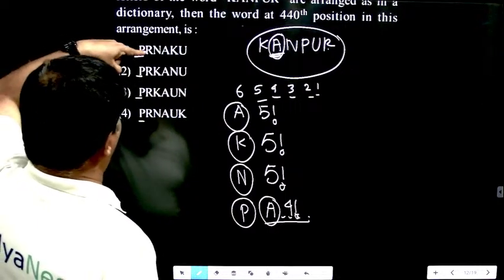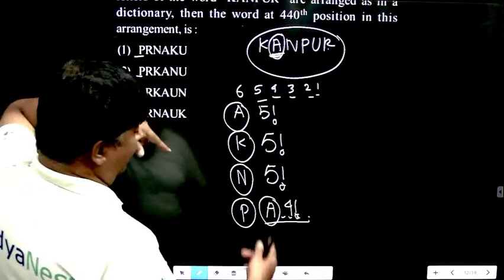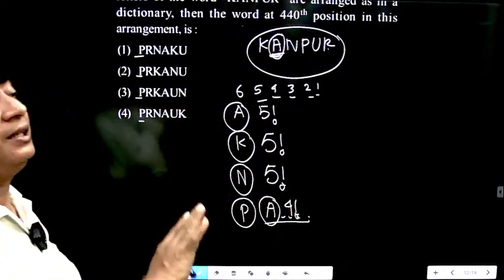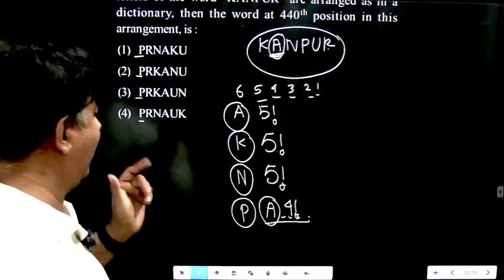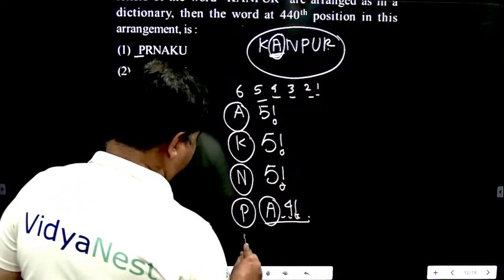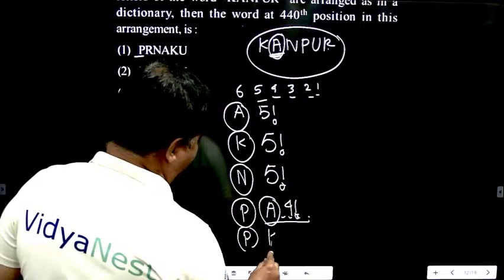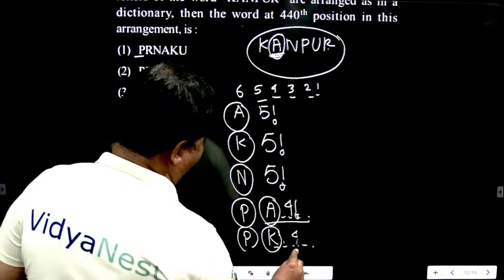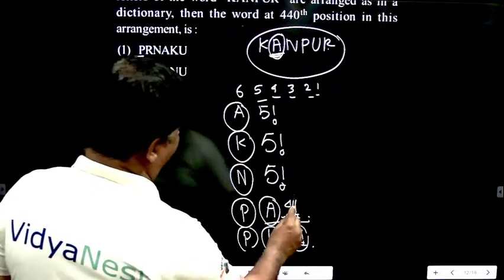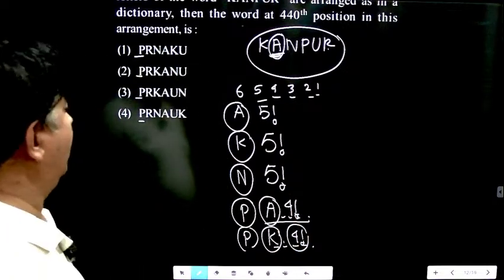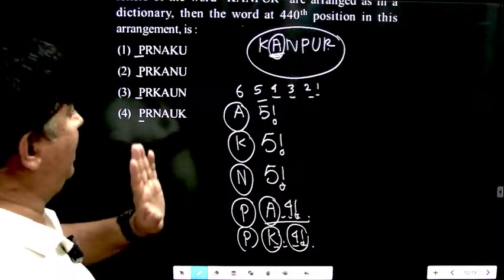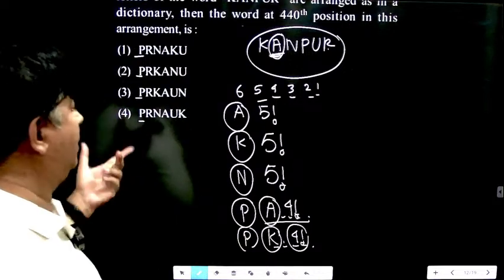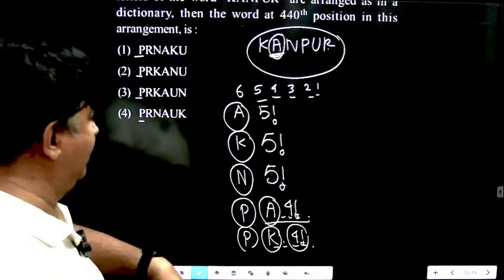Because after P we have to bring R, but between A and R there must be one letter which should come, K. After P, I can put K, and if I put K, then the remaining 4 places can also be arranged in factorial 4 ways. Now K is also considered. After P, P is already used, so we can't take it. So A and K are taken.